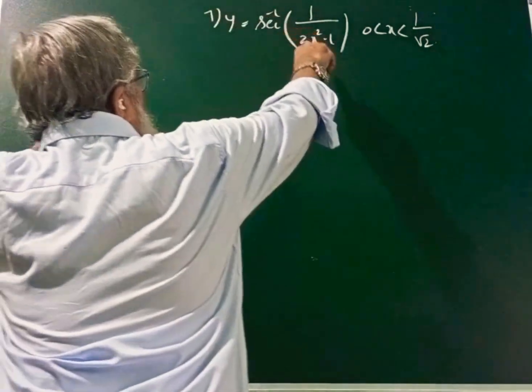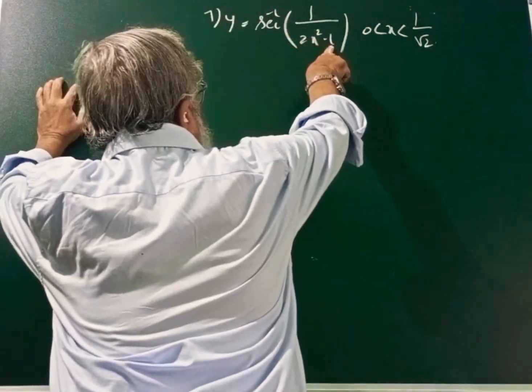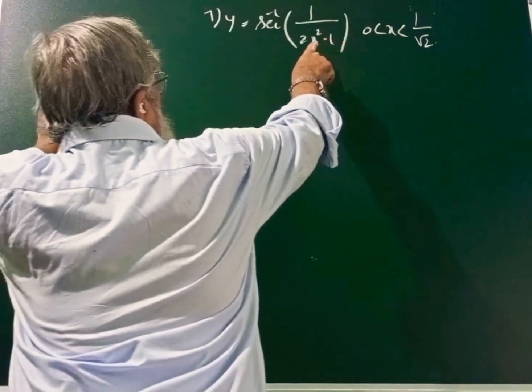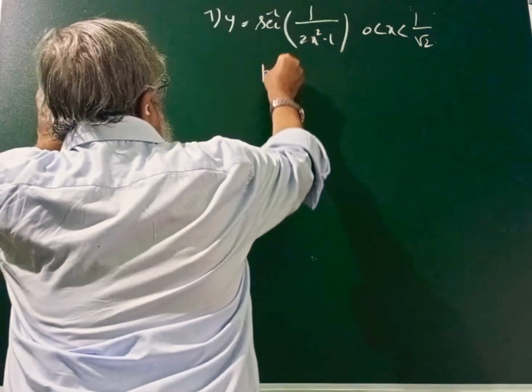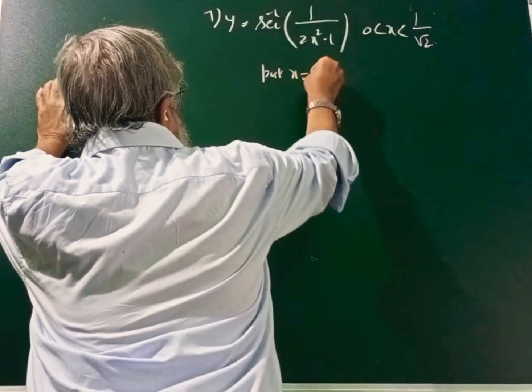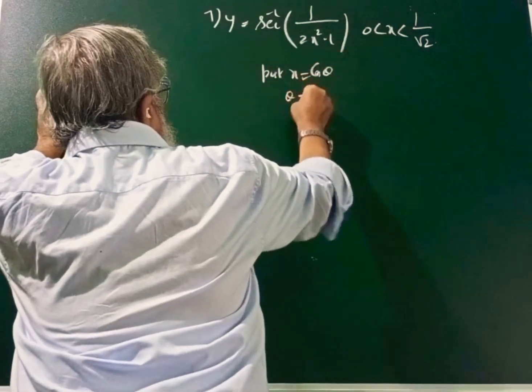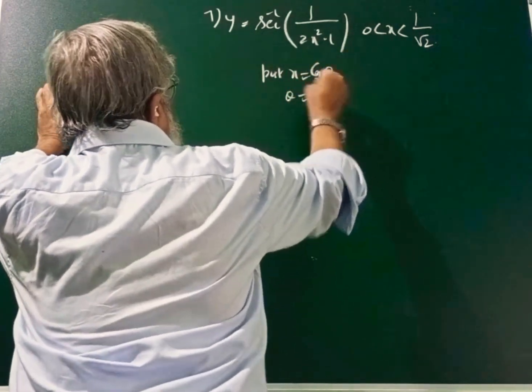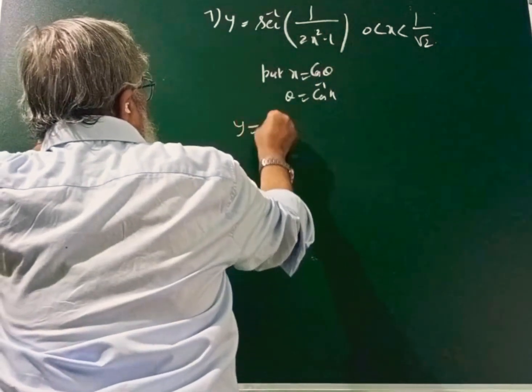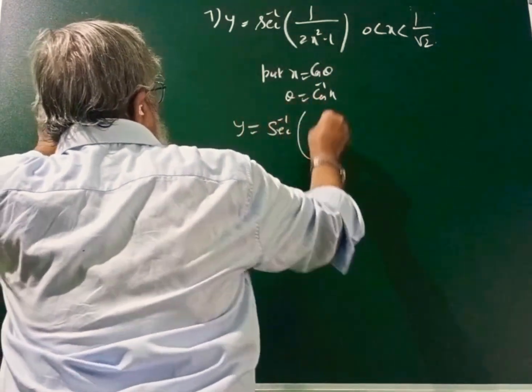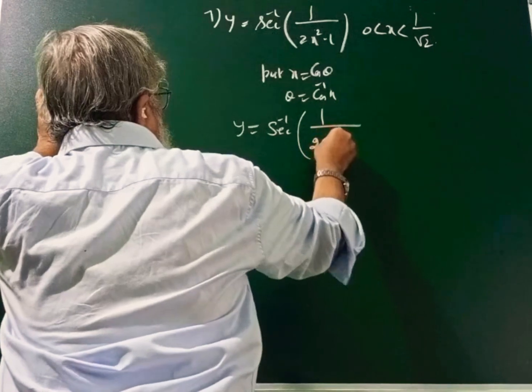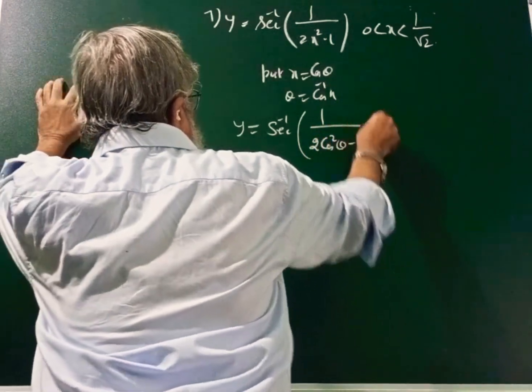So our substitution, you can see 2 cos square minus 1 is cos 2 theta. By taking that, we can put x is equal to cos theta, theta is equal to cos inverse x. Therefore y is equal to sec inverse of 1 by 2 cos square theta minus 1.